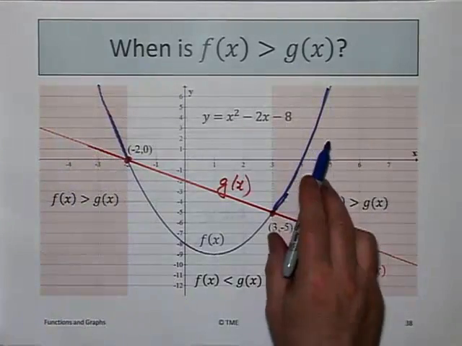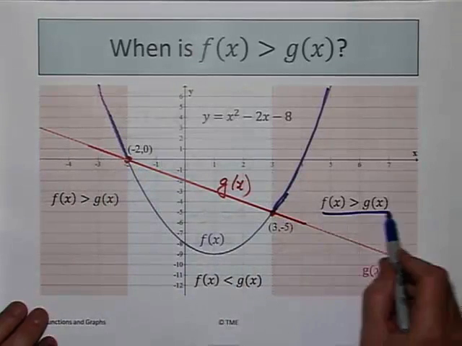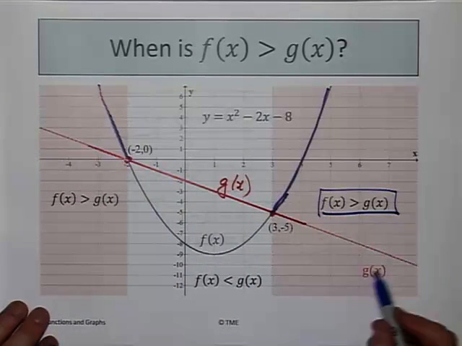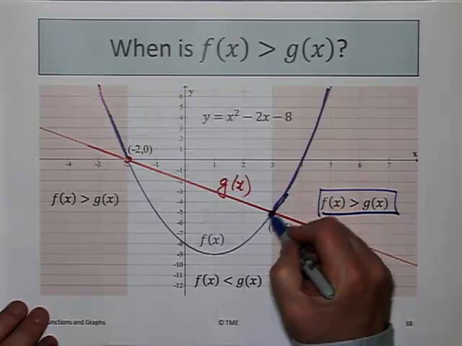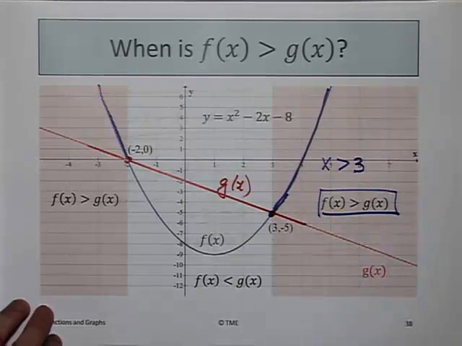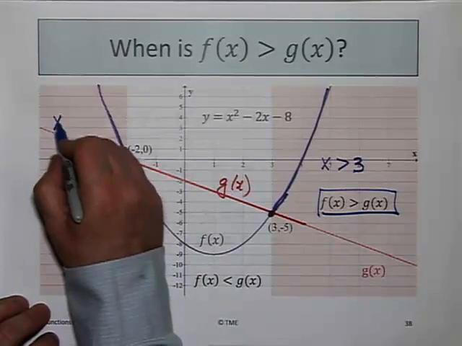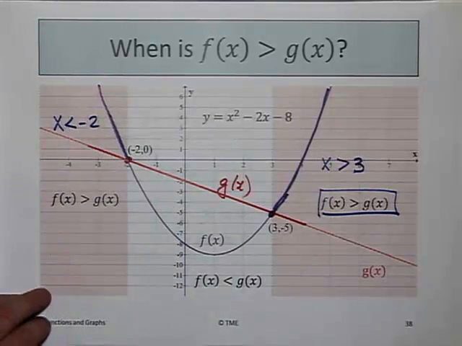So f(x) is greater here and here, but not here. So in other words, f(x) is greater than g(x) when? Well, from about this point here, when x is greater than 3. Here, f(x) is once again greater, higher, when x is less than minus 2.